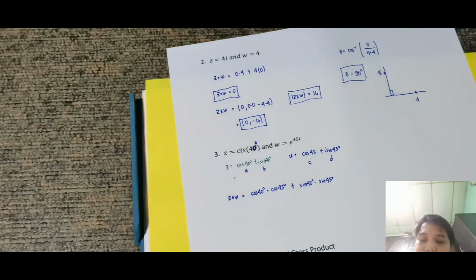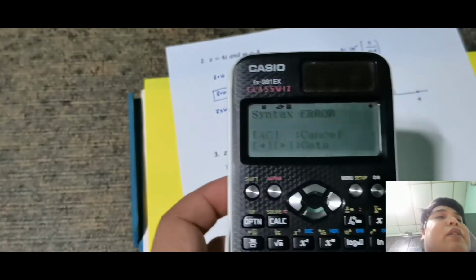So check natin sa calcu. Anong result dyan? Cosine 40 degrees multiplied by cosine 45 degrees plus sine 40 degrees times sine 45 degrees. Okay, so check natin.